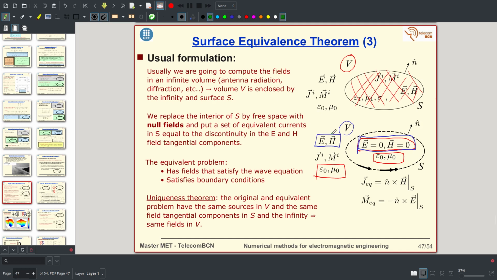Here we have a discontinuity, and at the surface S we have a discontinuity between the original fields outside S and 0 inside S. So in order to support this discontinuity, we need a current that is called equivalent current and agrees with the boundary condition.